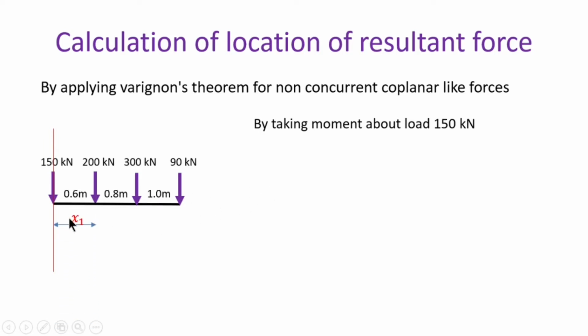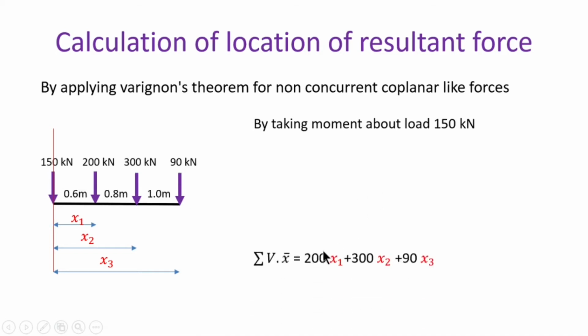So x1 is the distance between this 150 kN load and the 200 kN load. Then x2 is the distance between the 150 kN load and the 300 kN load. And x3 is the distance between the 150 kN load and the 90 kN load.